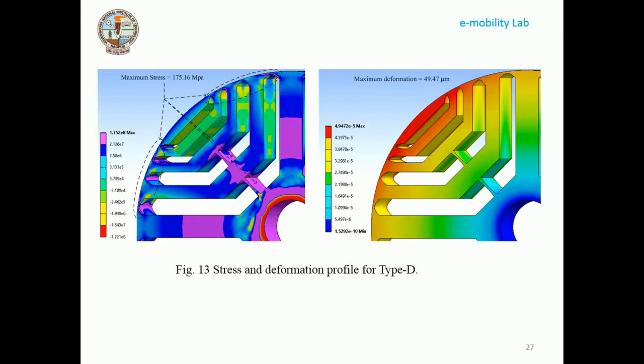So from the mechanical point of view we are satisfying the design, and the tangential ribs are equally stressed with the radial ribs. So we have a better stress distribution here, and the maximum deformation is 49.47 micrometer, which is quite acceptable.